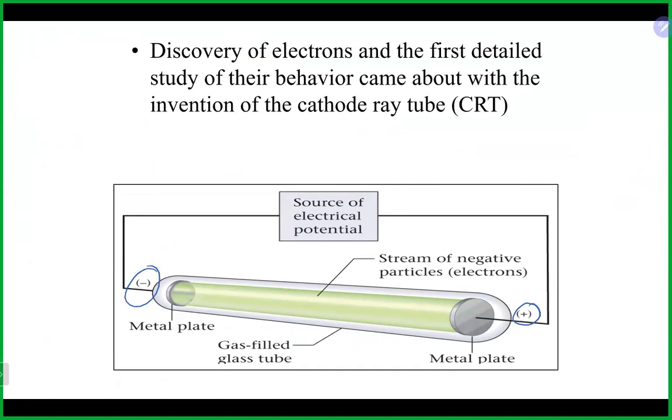We have a stream of negatively charged electrons, and because they're negatively charged, they're going to move away from the negative side of the CRT and head towards the positive side, because that is how they're attracted. This CRT tube will have this stream of negatively charged particles.